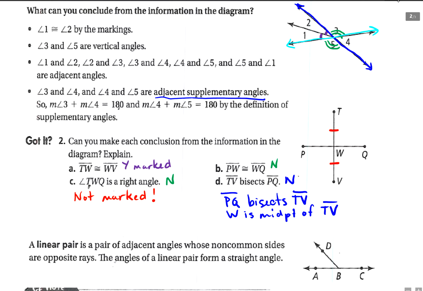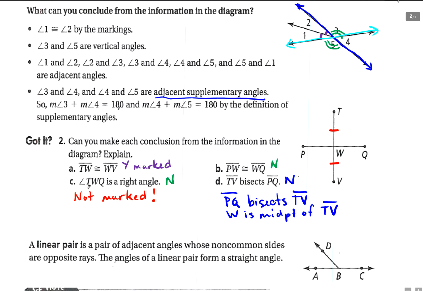All right, we are asked, segment TW is congruent to segment WV. If we look on our diagram, absolutely, those are marked. We have congruent markings that tell us our segments are congruent. So yes, all of the rest of these are no. We cannot say that PW is congruent to WQ.